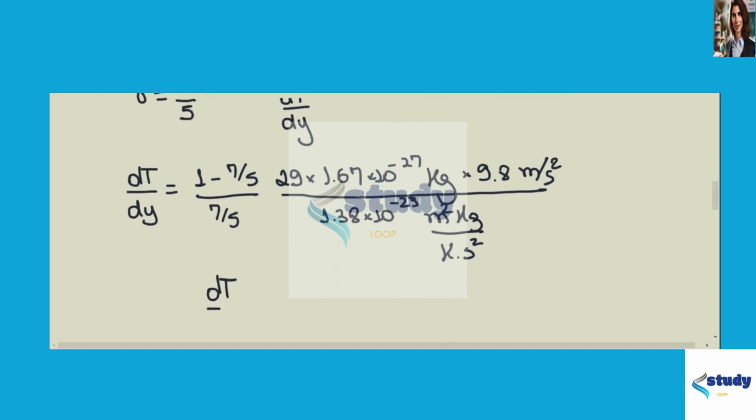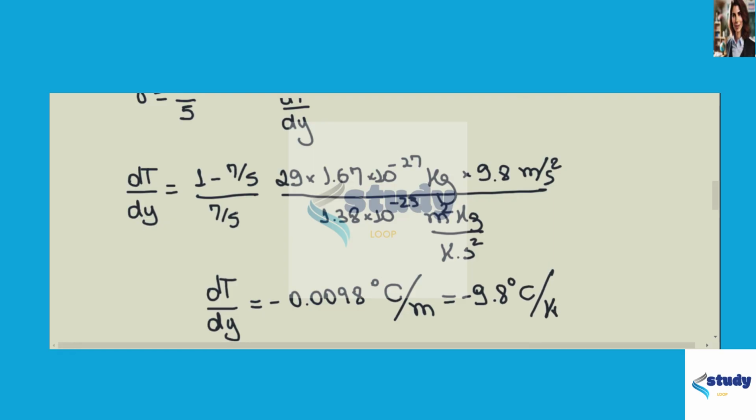So dT dy is minus 0.0098 Celsius per meter. Now if I multiply and divide everything by 1000, I obtain minus 9.8 Celsius per kilometer.